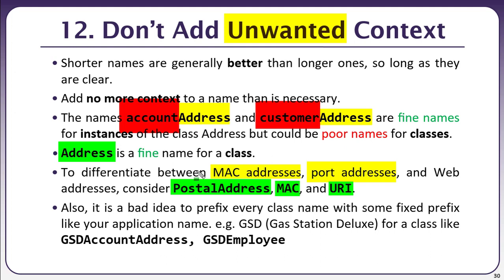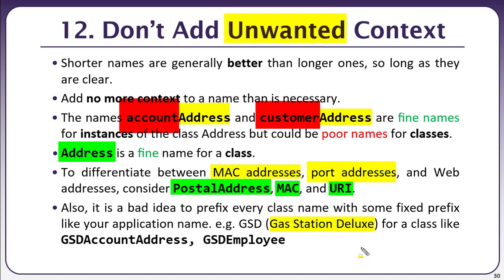Also, it is a bad idea to prefix every class name with some fixed prefix like your application name. That is also unwanted context, or you can say it is an example of a noise word, like we talked about at the start and in an earlier principle. For example, my system or project is named Gas Station Deluxe, and that's the name of my company.